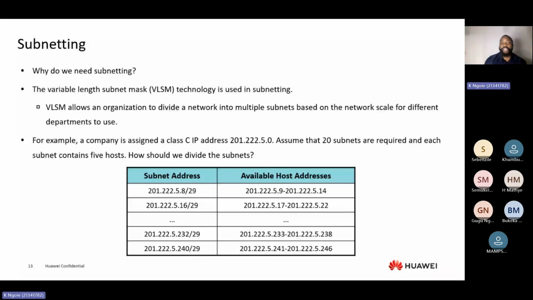That means the rest of those addresses, like 65,334, are just wasted. It means nobody else can use them. So we've just wasted them. All right. So that's why subnetting will allow us to break a large block into smaller blocks.